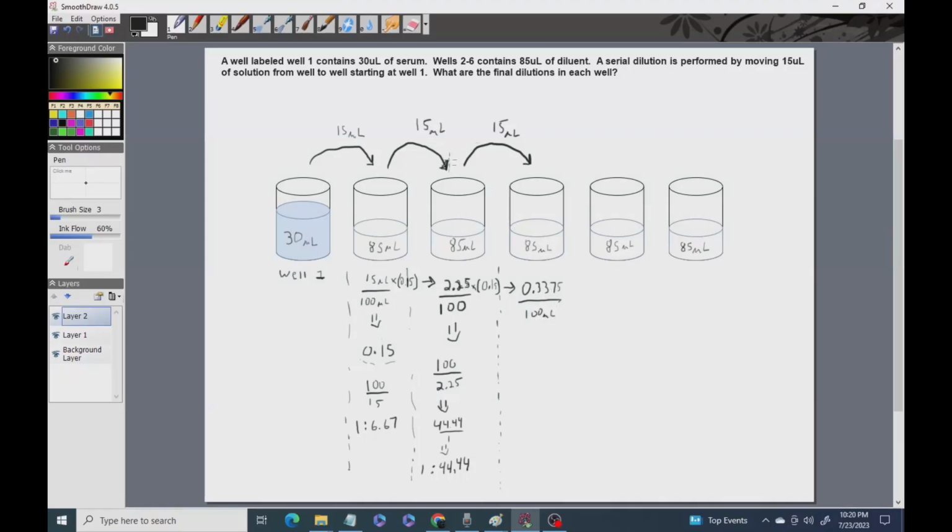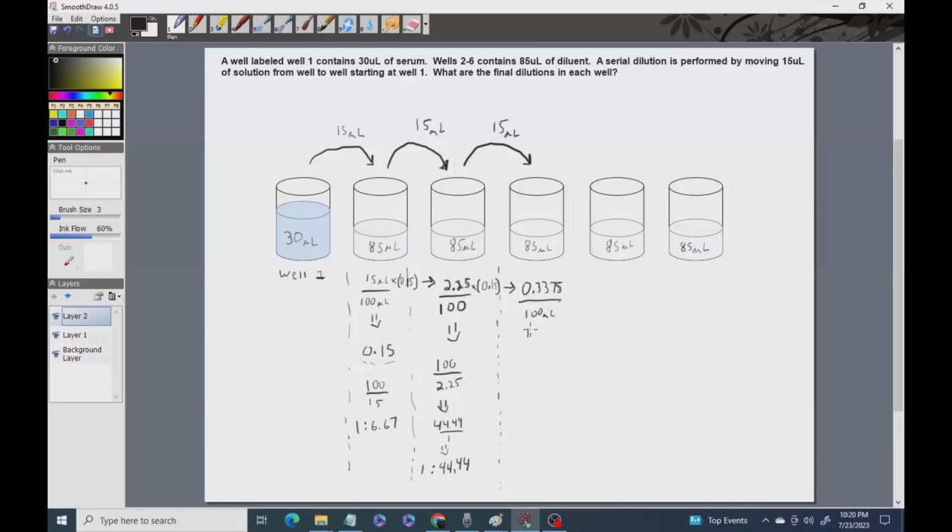Again, we are taking 15 microliters out, but this multiplier would tell us our actual amount of concentrate or solute coming out of our well 1, and that's in a total volume of 100 microliters.